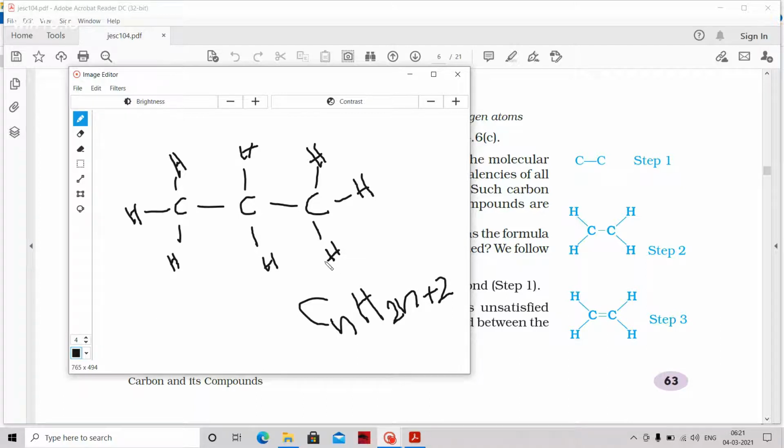What are they called? Alkanes. Alkanes are CnH2n plus 2. That means you can also define saturated hydrocarbons: if it is having n carbons, and 2n plus 2 hydrogens, then that is a saturated hydrocarbon. That is alkanes. Alkanes are saturated hydrocarbons.